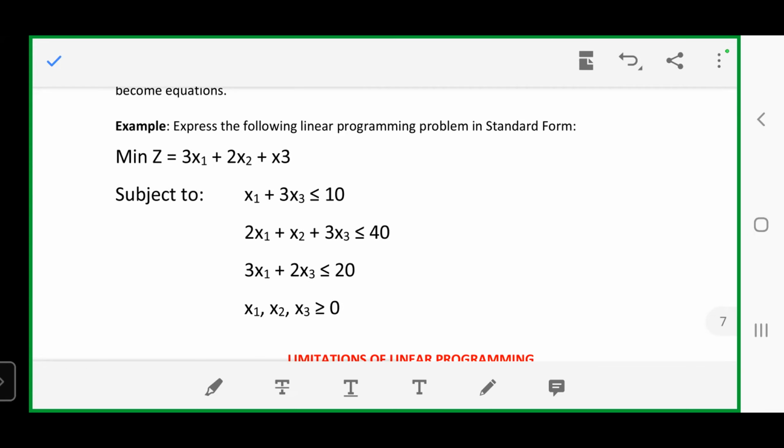Who can express this for me in a sentence form, just as I explained in our last class? Can somebody explain this to me? Anybody in class?